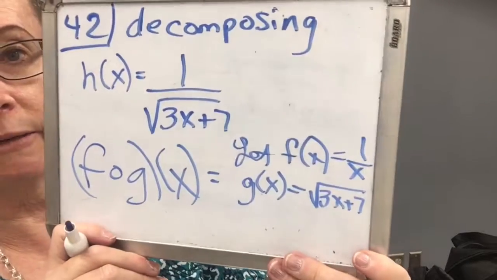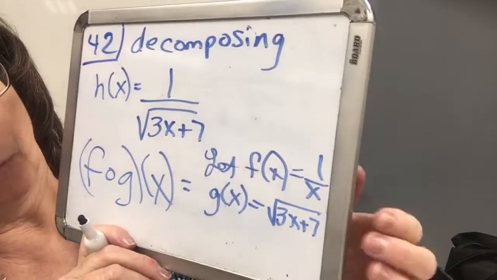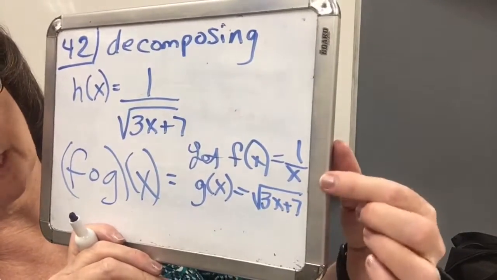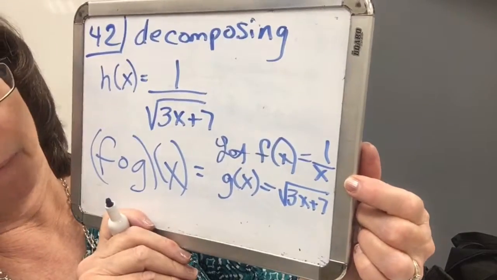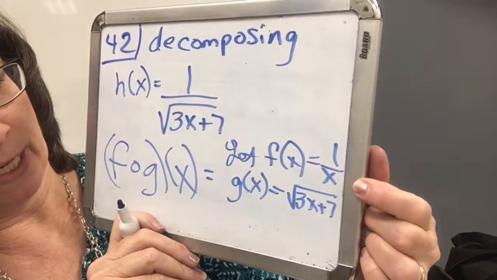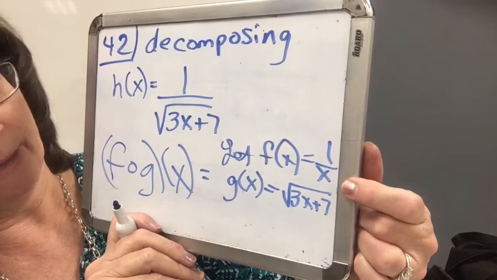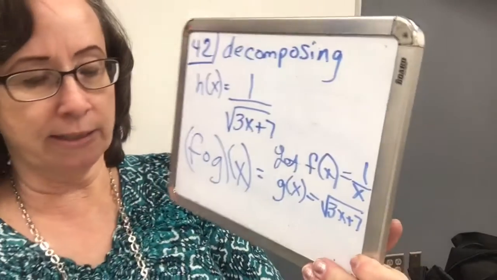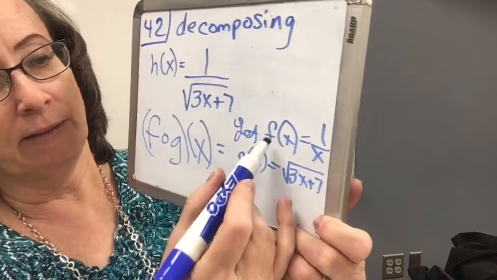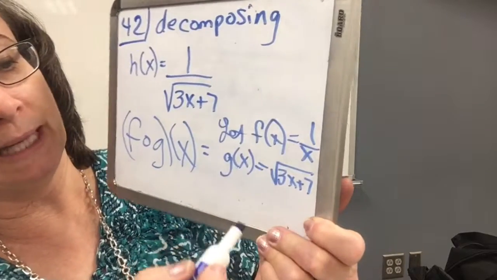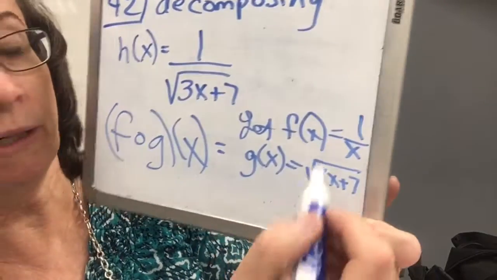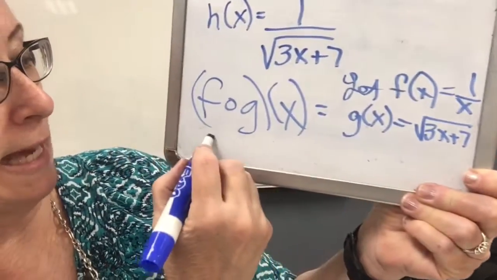That would be one way to do it, because then when I compose them, the g of x would slide into the position where the f of x has the x. All right, that would be one way. But I could also take the f of x and let it be the square root of x. So we could say alternate.